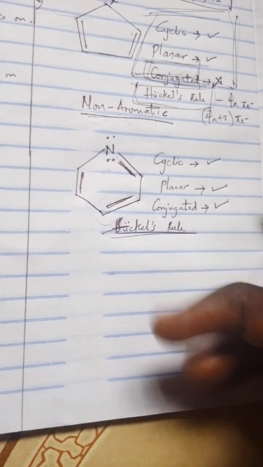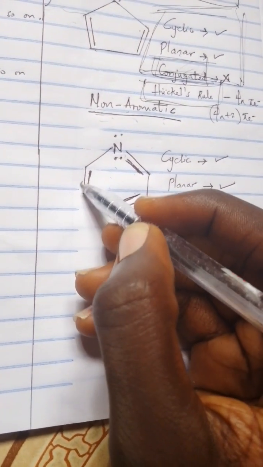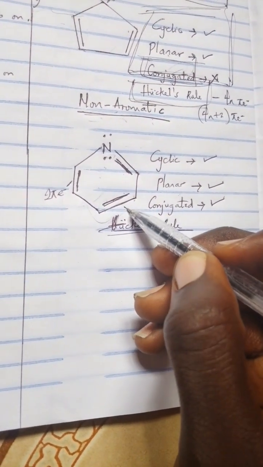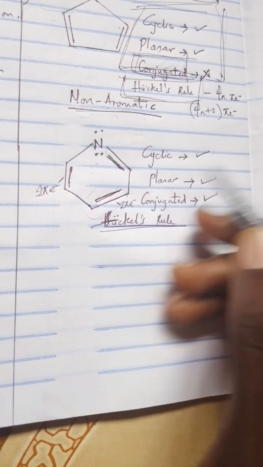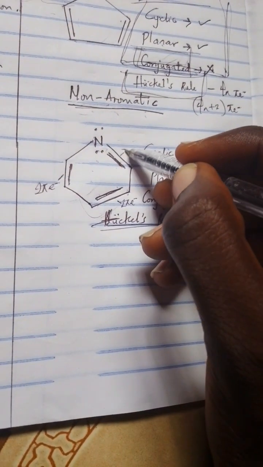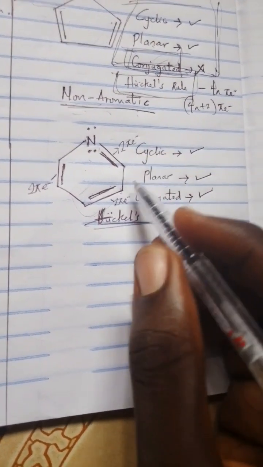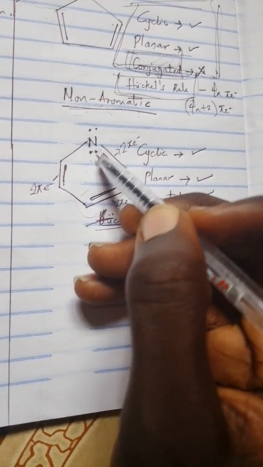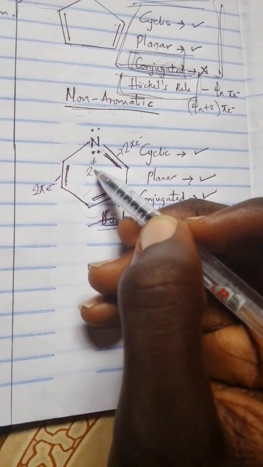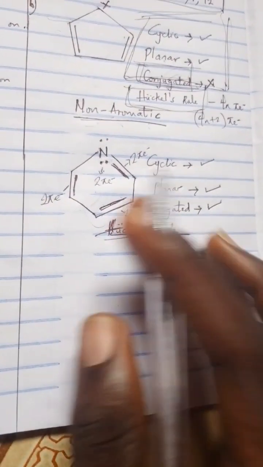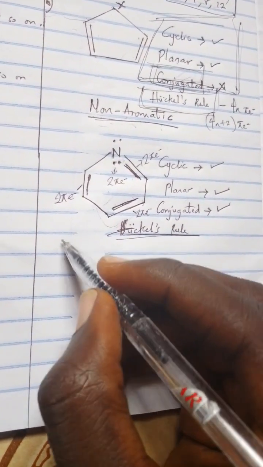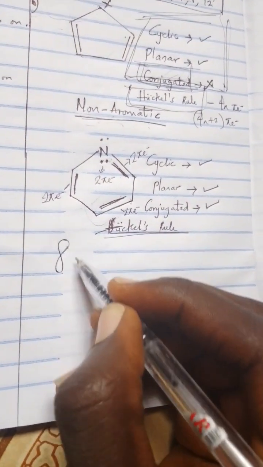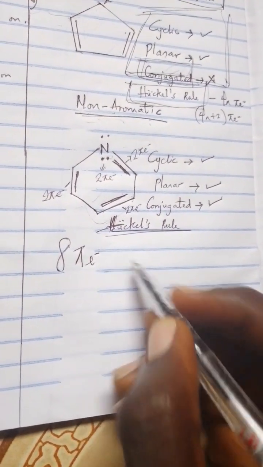This one will contribute 2 pi electrons, this one also 2 pi electrons, this one also 2 pi electrons, and the lone pair inside there is also 2 pi electrons. If you sum it up, 2 plus 2 plus 2 plus 2, that's 8 pi electrons.